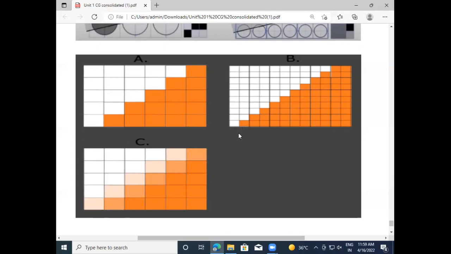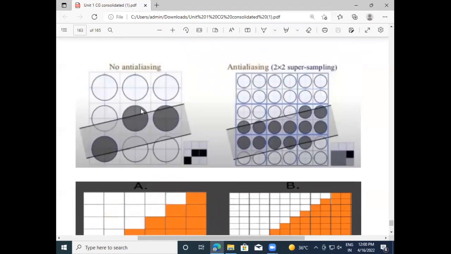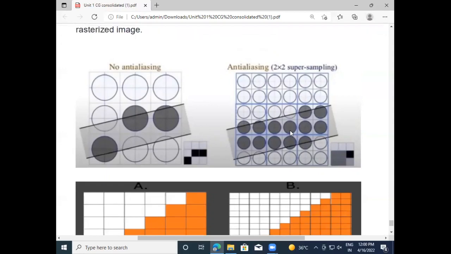The same color will be repeated and used for the particular image. It means that one particular pixel is divided into 4 parts. This is 2 by 2; if it were 3 by 3, it would get bigger. So those things will be scattered and it will show like this.